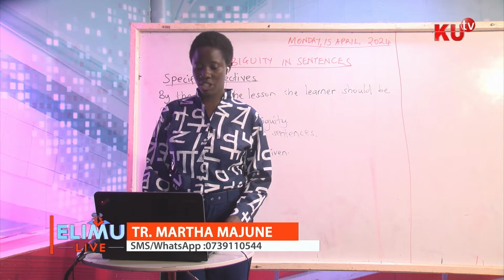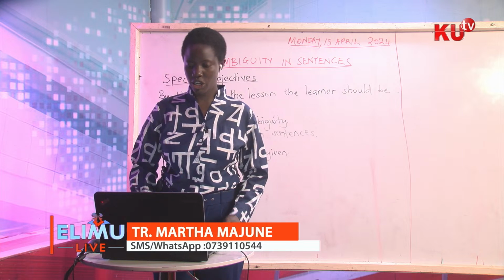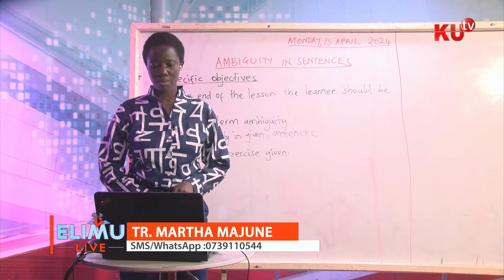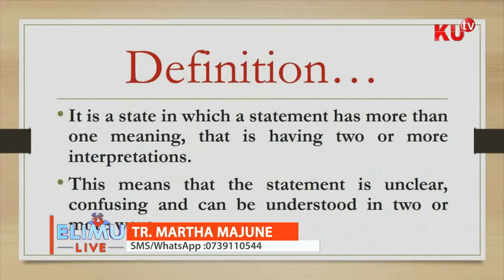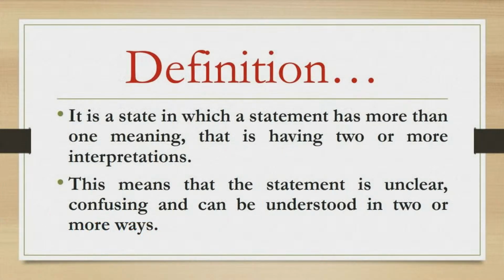Ambiguity is a state in which a statement has more than one meaning, that is, having two or more interpretations. So when you speak about ambiguity, maybe you've come across a situation whereby someone tells you something, but you don't understand whether they mean one thing, the meaning can be different.